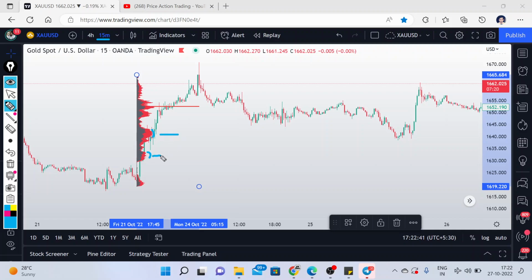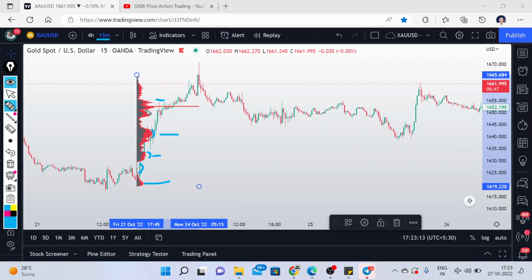At this price level, this price level and this price level, those with high value, we call high volume nodes. This one is a high volume node, and this is a low volume node, because there is very low volume traded over this price range. Whenever at a particular price range the most volume of trade happens, it is indicated by these high areas.